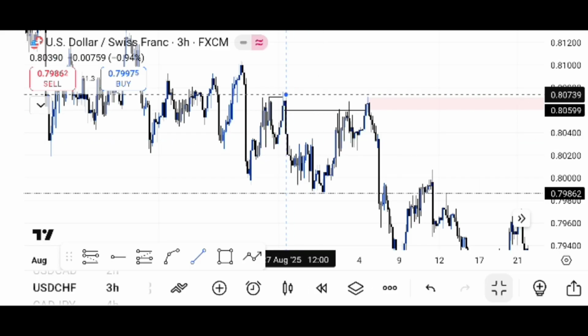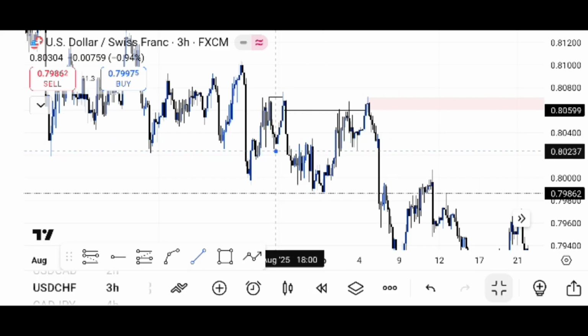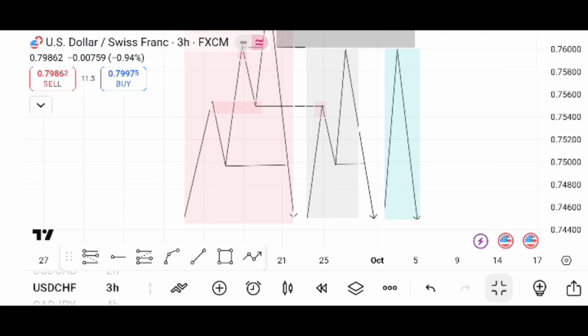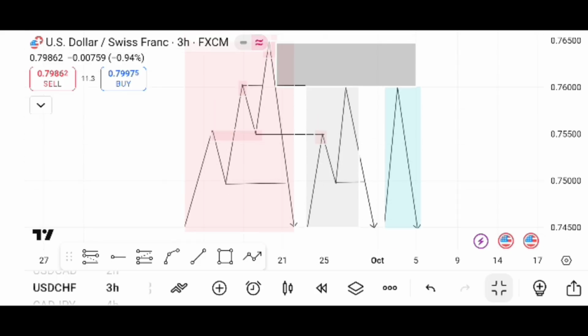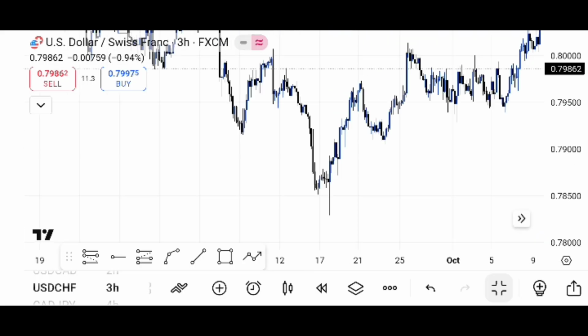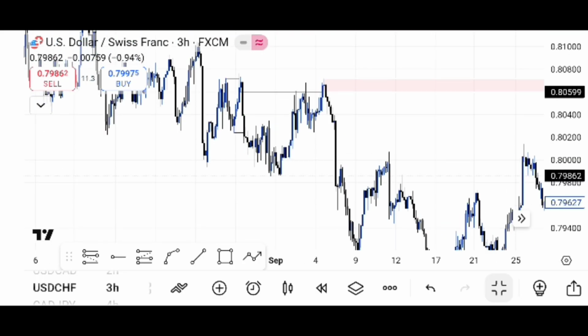The main break of structure is this one here. What I'm going to elaborate to you guys is that this frame that you are seeing here is a reversal frame.